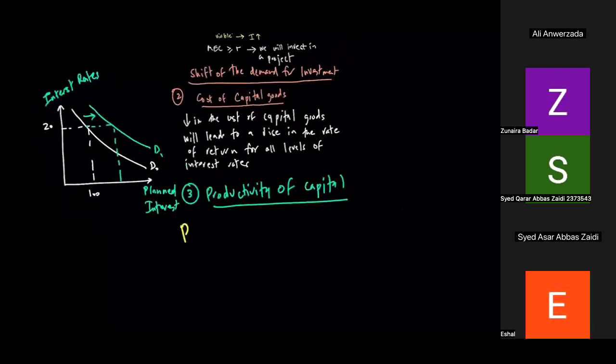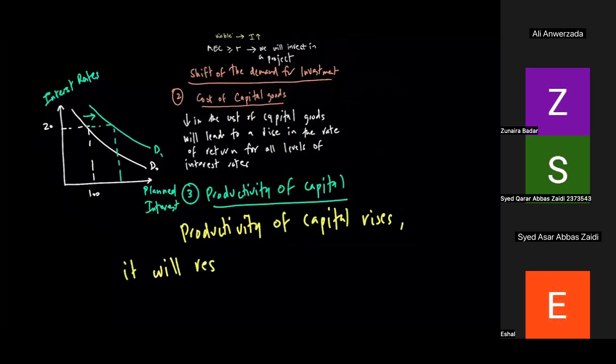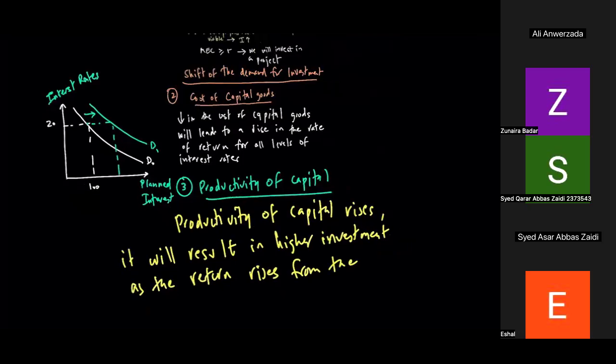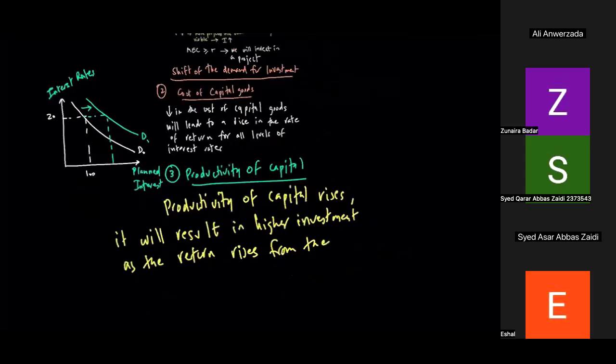If the productivity of capital rises, it will result in higher investment as the return rises from the investment. What do you mean by this, guys? Why would the return rise from the investment?